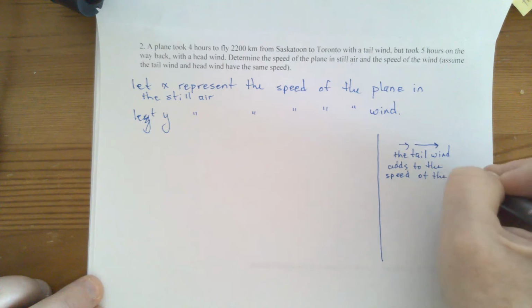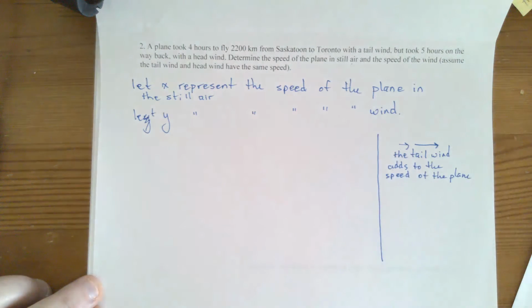So it's ultimately going to fly faster because it's being pushed. If you think of walking on a windy day with the wind behind you, the wind will push you a little bit so that you're traveling at a faster rate. So it's your speed plus the wind speed.